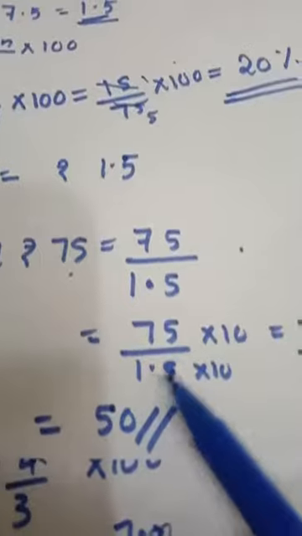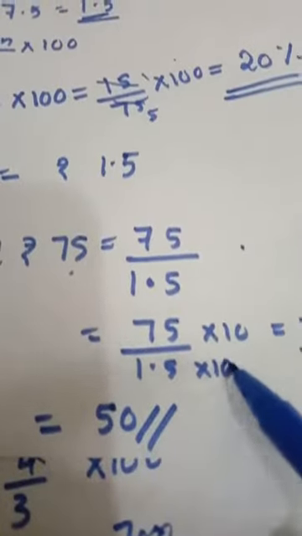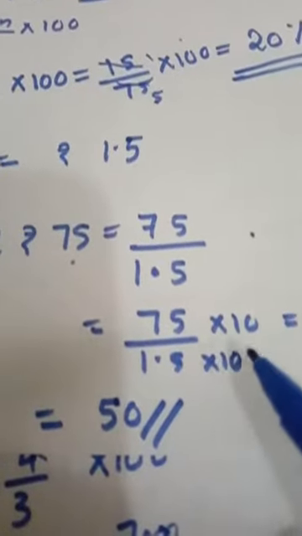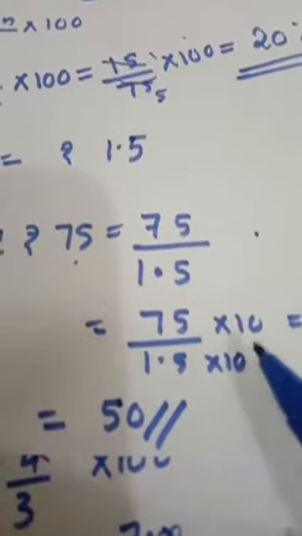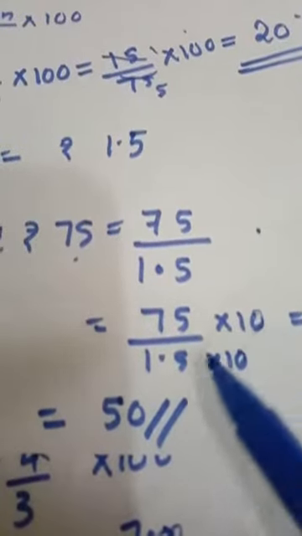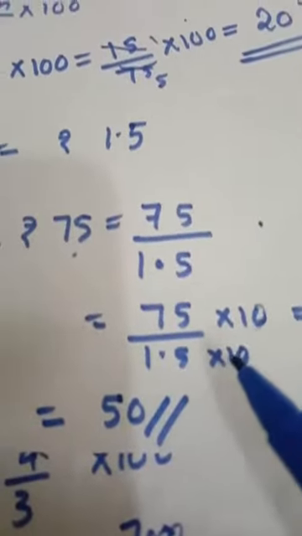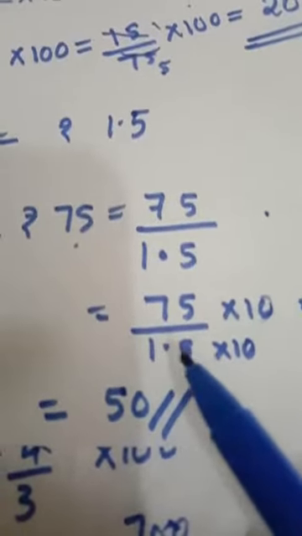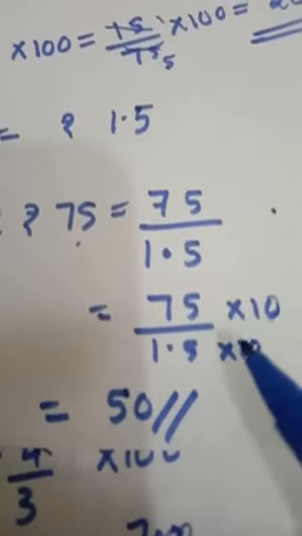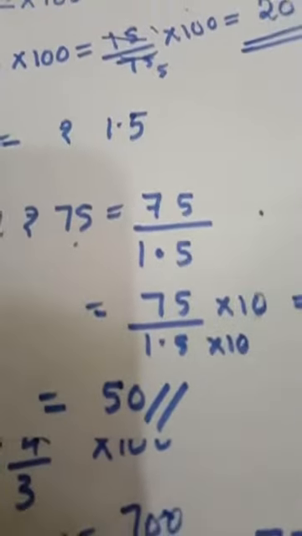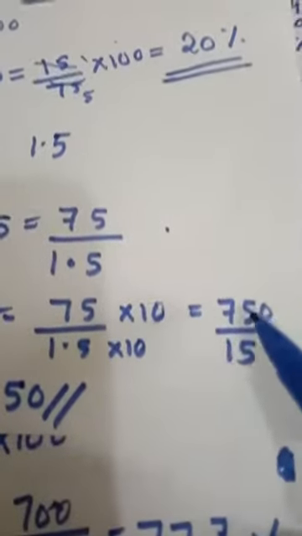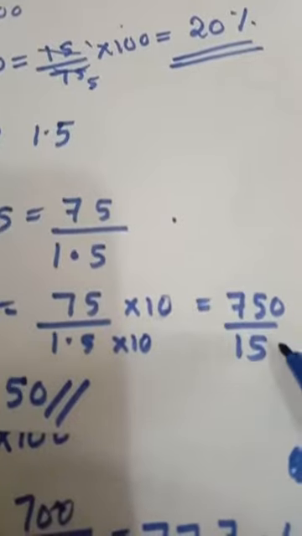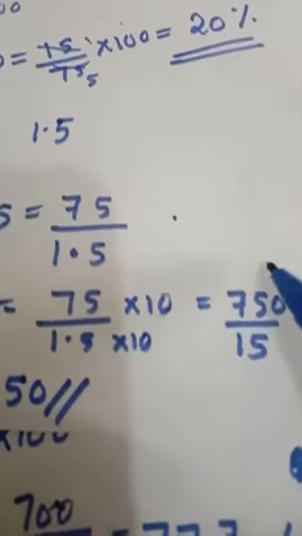Here there is a decimal, so eliminate the decimal by multiplying by 10. If we multiply the denominator by 10, the numerator is also multiplied by 10. 75 into 10 is 750, 1.5 into 10 is 15. What is 750 by 15? 1 into 15 is 15, 5 into 15 is 75.